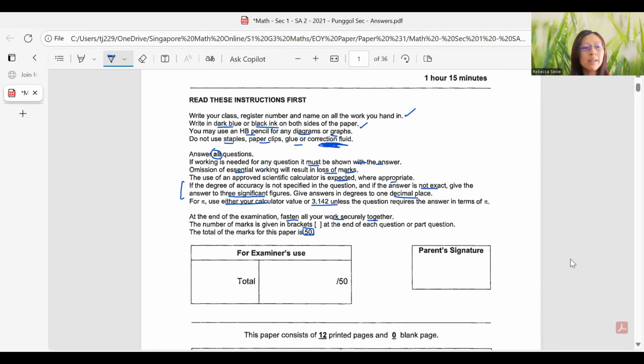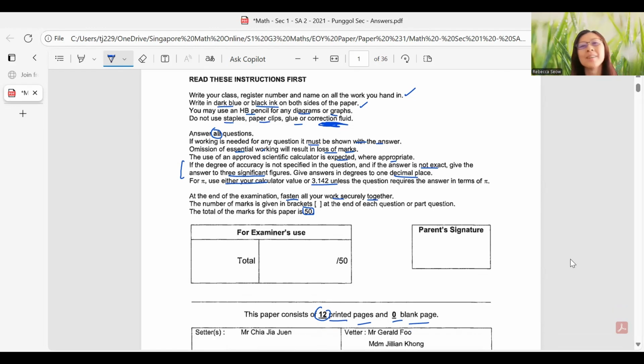Some schools do have a paper 1 and a paper 2, like in this school. Some schools, however, have just one paper, mathematics, that covers all tested topics. Yeah, so do check against the requirements and the format that your school has set out for you. All right. And it's also mentioned this paper consists of 12 printed pages and 0 blank page. Do take note, students.